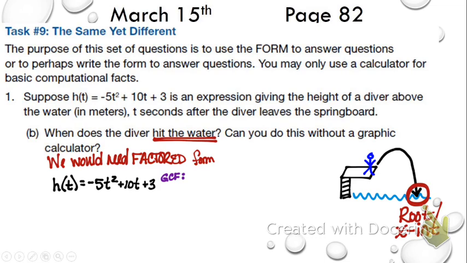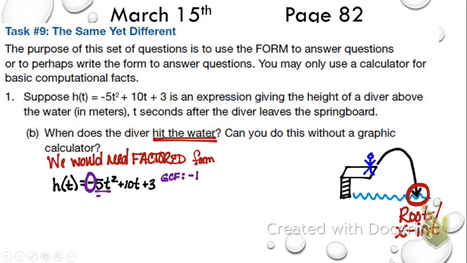What do you notice right after the equal sign, though? There's a negative. If you have a negative right here, pull that out as your GCF. Because it's never fun to do an area model, a box, when that A value is negative. It makes it confusing. Which way do you take the negative out? And so I would just rather not. So I pull that out as my GCF.